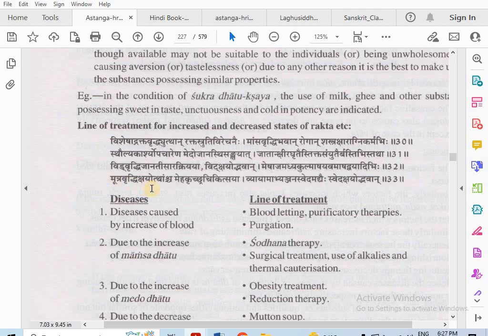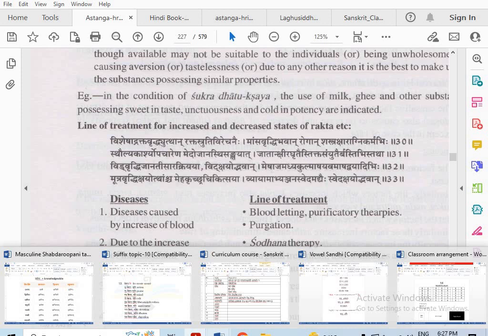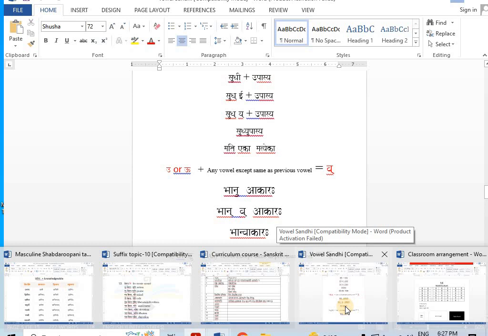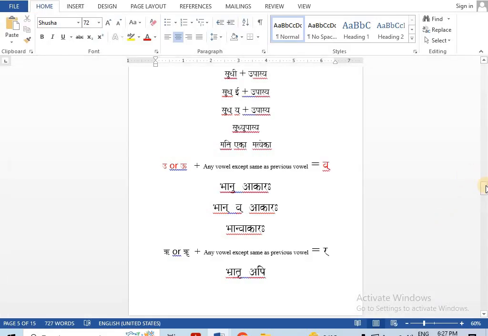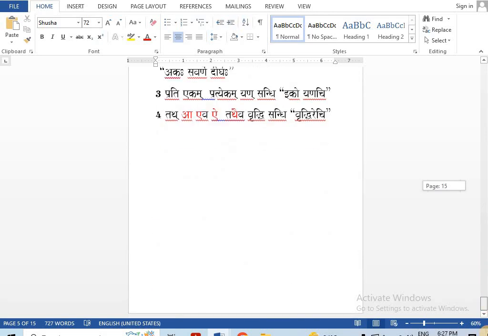Mutra vruddhi ksayothanscha. First word mutra, urine, vruddhi, increase, increment of urine. Ksayothanscha. Ksaya plus utthan plus cha. Remember, three words are there. Ksaya plus utthan plus cha. So in this case you need to pay attention that the first word is ksaya in terms of disjoining.